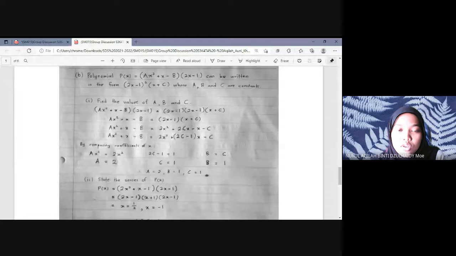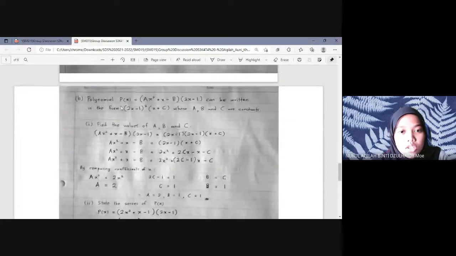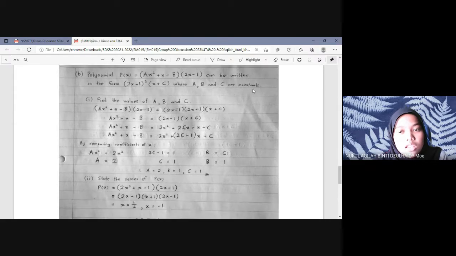Okay, so for question B, polynomial p(x) equals ax squared plus x minus b times 2x minus 1 can be written in the form 2x minus 1 squared times x plus c, where a, b, and c are constants. So the first question is to find the values of a, b, and c.